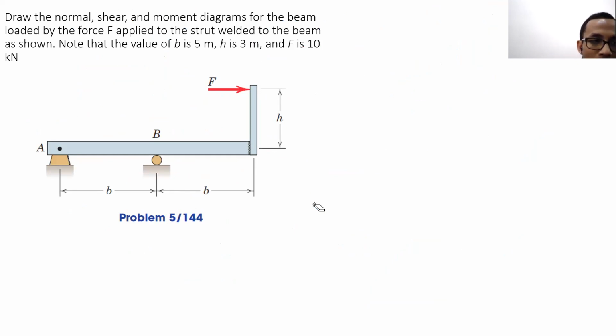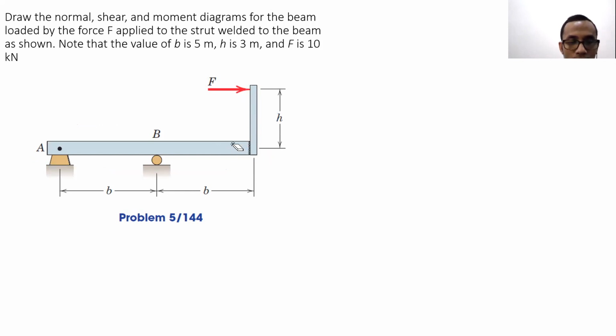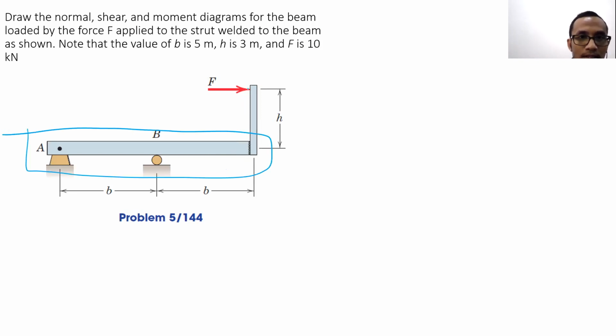So the beam is this. This is the beam. And there is a strut here. The strut there is made to apply the load F there. And for this kind of case, the beam in question is just this, and we define this as the strut, okay?